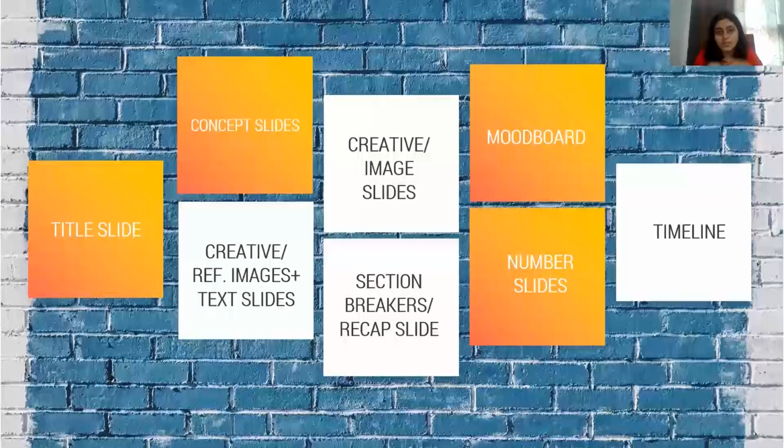So those are reference images or creatives plus some text along with it. Then there are slides which have only one big creative and very little text, or maybe just a title. So you have a set design or something.